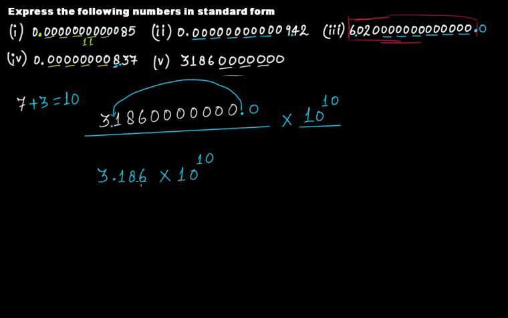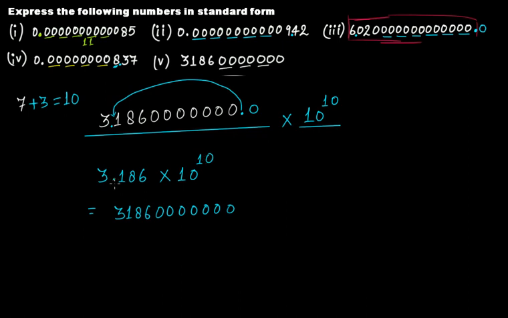Now you can check your answer. This is 3.186, right? If you have to write the original number, that is this one, 3 zeros here, and you'll have to put 186. You have to put 1 2 3 4 5 6 and 7 zeros if you want to write it in the usual form, because it is 10 raised to the power of 10. So the exponent is positive.